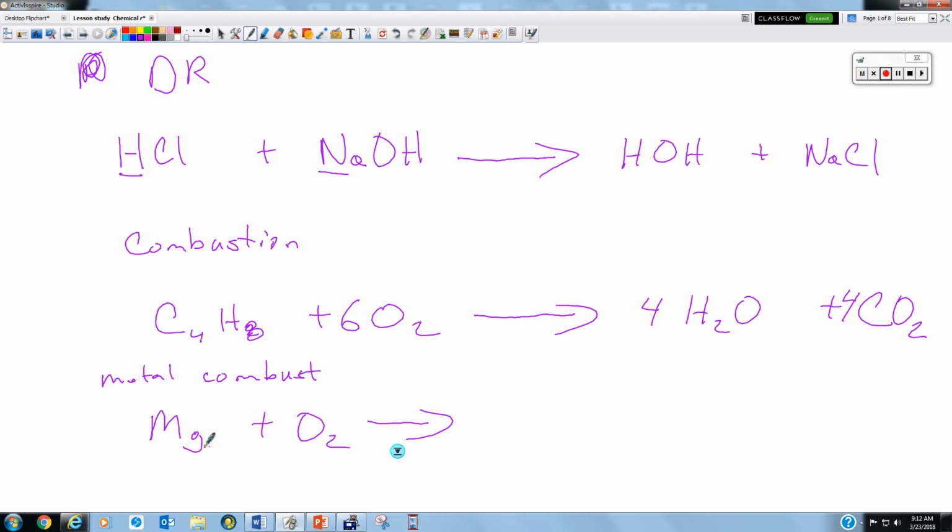Well, in this one, what's magnesium? When magnesium ionizes, what kind of ion is it going to form? Positive what? 2. So this one is always going to form magnesium oxide. And so to balance it, we'd go a 2 and a 2. All right. So a metal combustion is always just going to be the oxidized form of the metal.